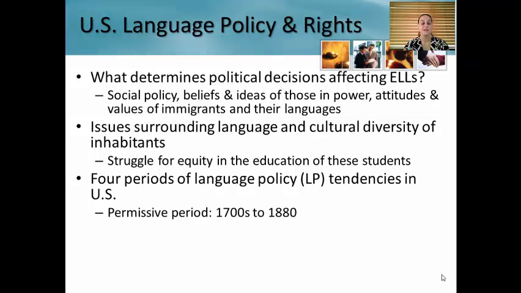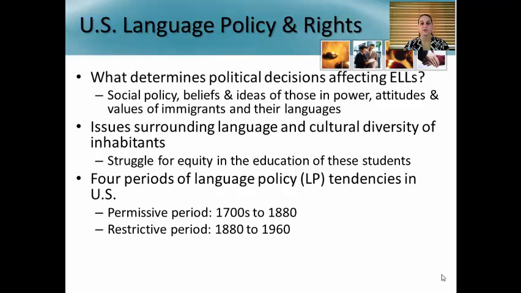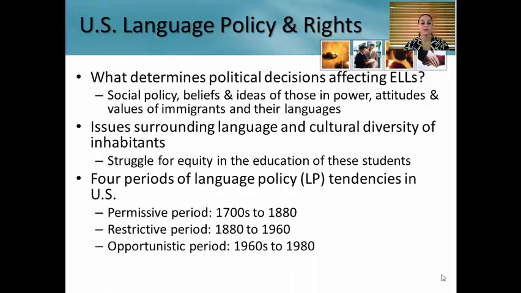The first is the 1700s to 1880s, which was a period of permissiveness towards languages. The period of 1880 up until 1960 was a linguistic isolationist period, where we saw repressive policies and a decline of supportive language policy.